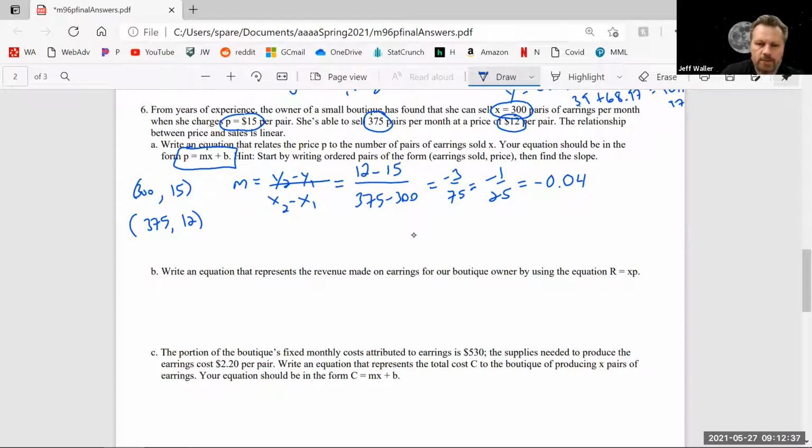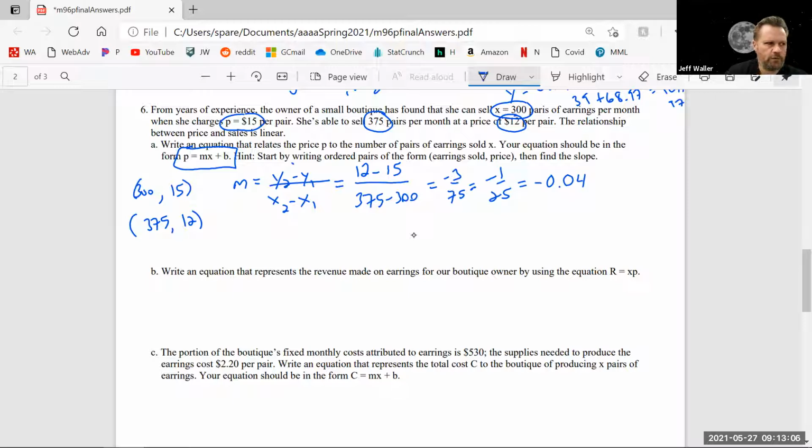Now let me stop for a minute. Is everybody understanding what's happening? Could somebody tell me what the units are on that? That's cents, right? Well, it would be 4 cents. It's $0.04. So you could say it either way.